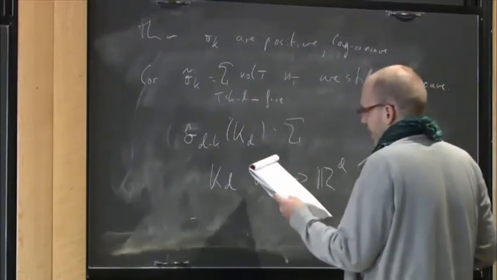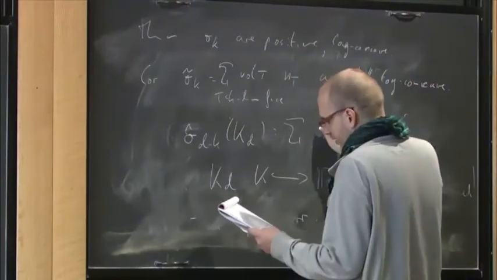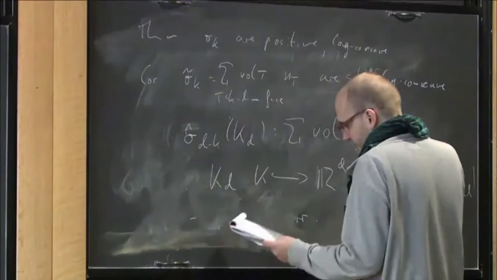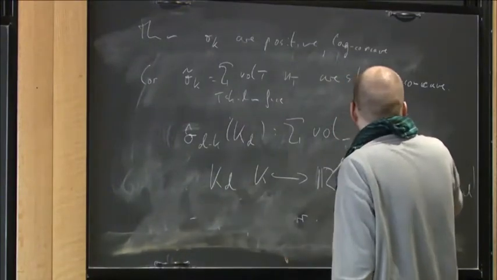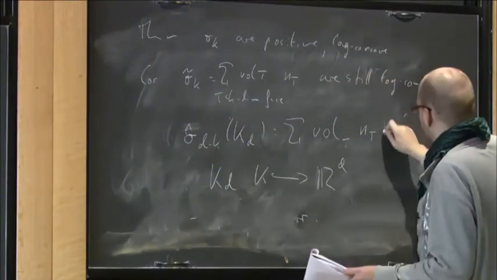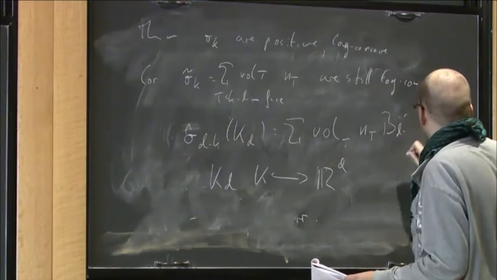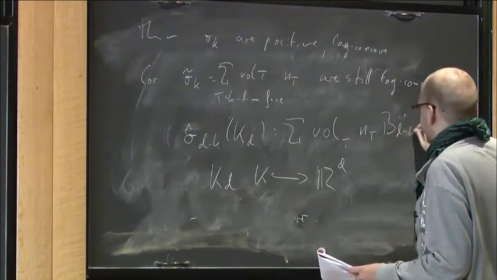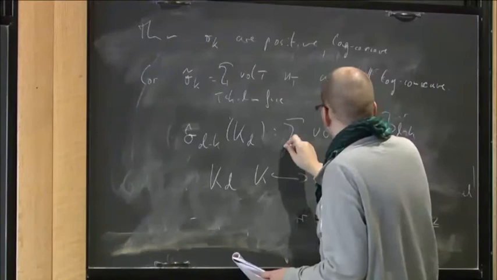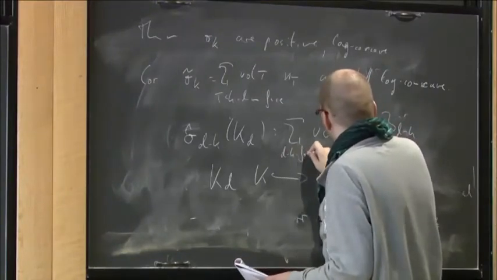So we got sigma hat. This I define as the volume of tau, n of tau, and now the usual b of d times k, b of d minus k. And now I have to go over d minus k dimensional faces.